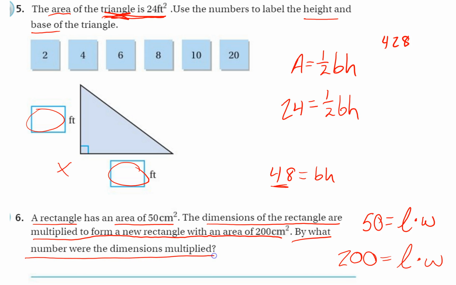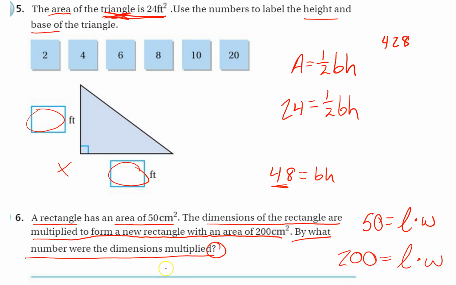By what number were the dimensions multiplied? Well, this is like our work 2 days ago where we had to square the multiplier. So let's see, this is 4 times as big, so the length and the width must be 2 times as big, because 2 times 2 is 4, and the area is 4 times bigger.